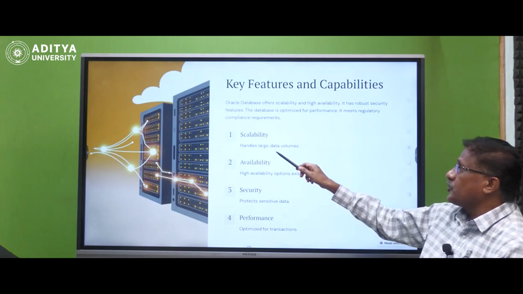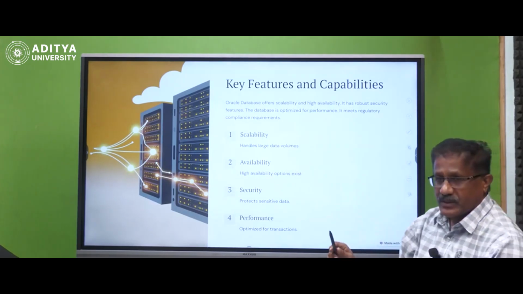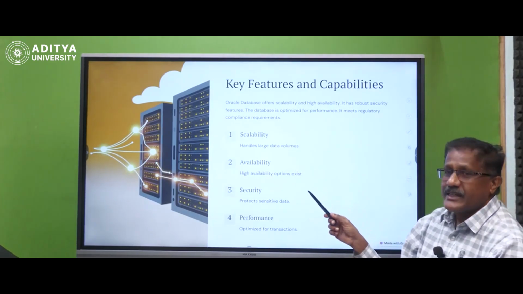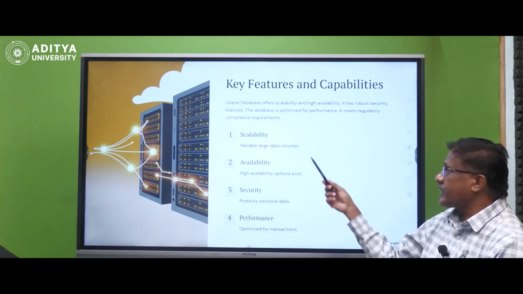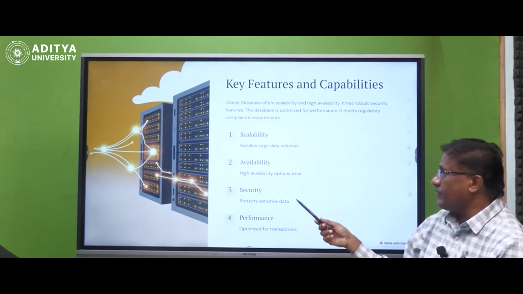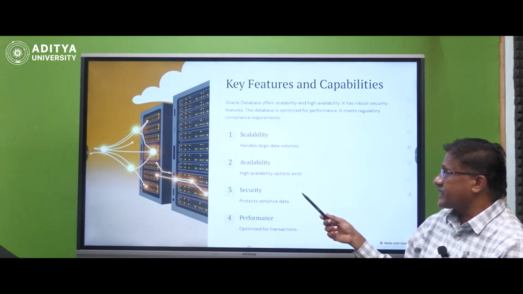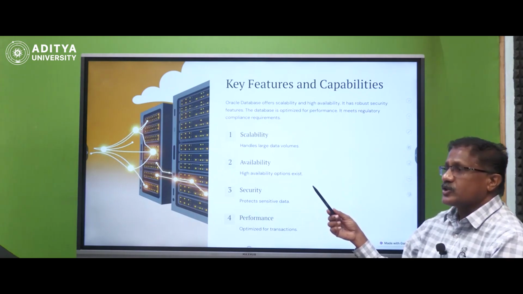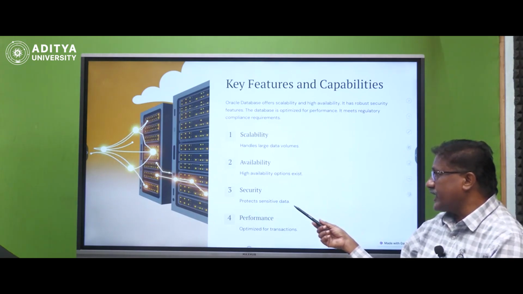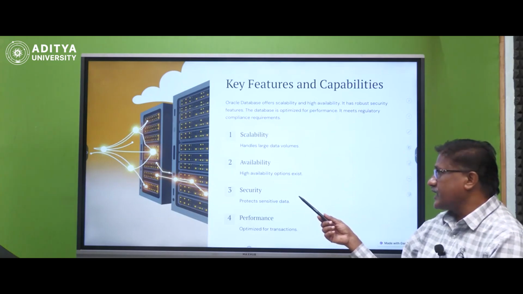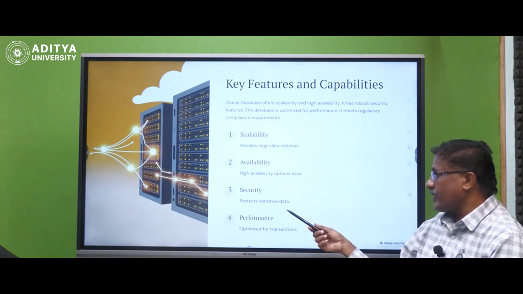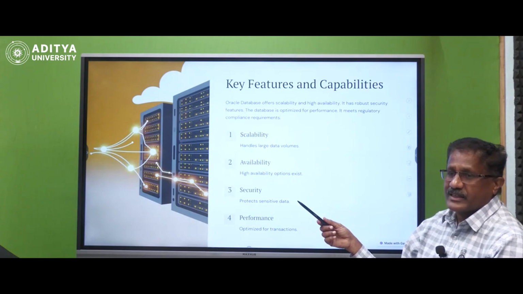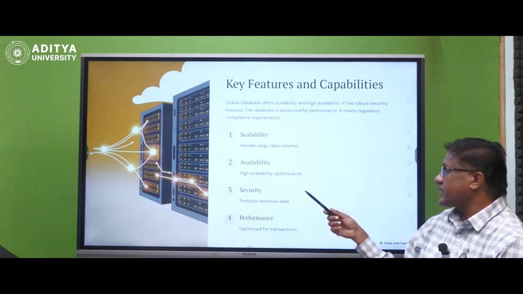It has the capacity to handle huge volumes of data. Availability: high availability options exist, meaning the data can be available at any point of time through the databases. Security protects all the data, especially sensitive data. Performance is at an optimal level, the best for feasible transactions.